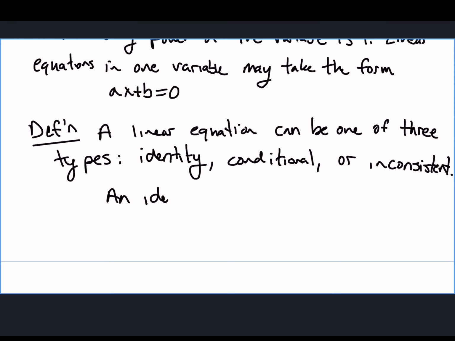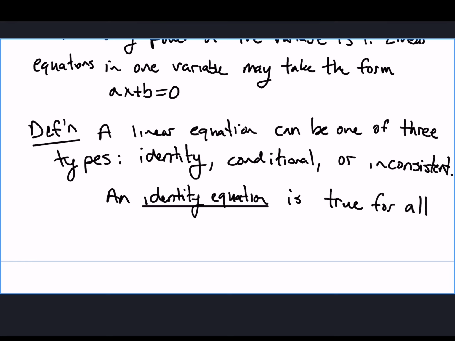An identity equation is true for all values of the variable.